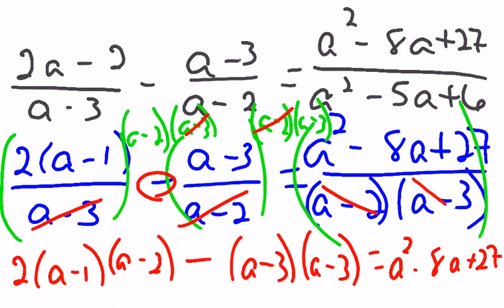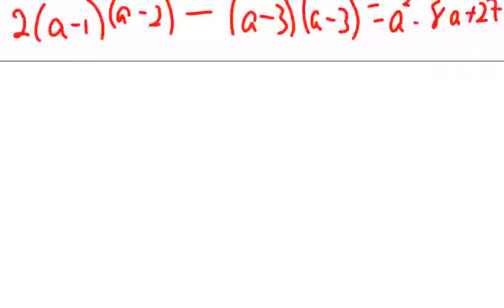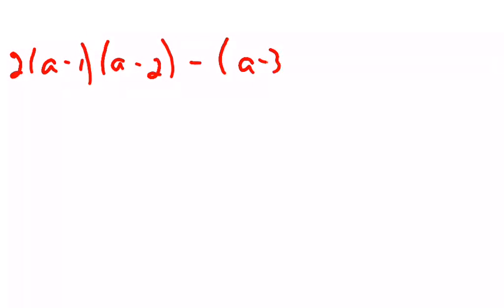Now we actually need to FOIL this. So we want to FOIL the a minus 1 and the a minus 2, and then multiply it by 2. And then we have to FOIL the a minus 3 times a minus 3.